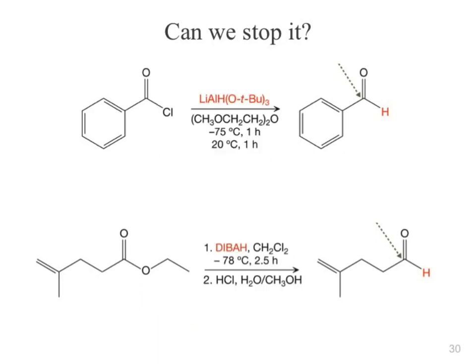We end up with two different sets of reagents. We've got a lithium aluminum hydride reagent, or we have another lithium aluminum hydride reagent over here. The bottom one is more commonly referred to as DIBALH, or actually just DIBAL. It's diisobutyl aluminum hydride.